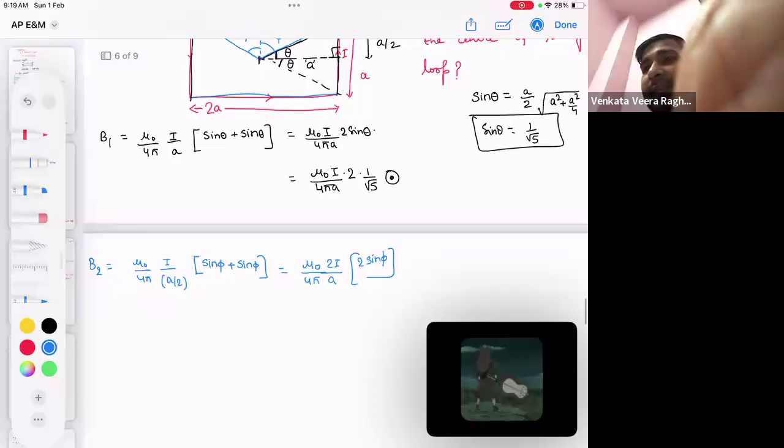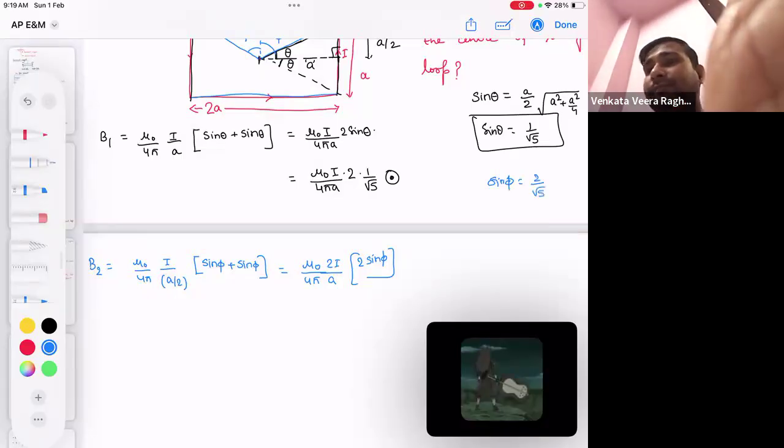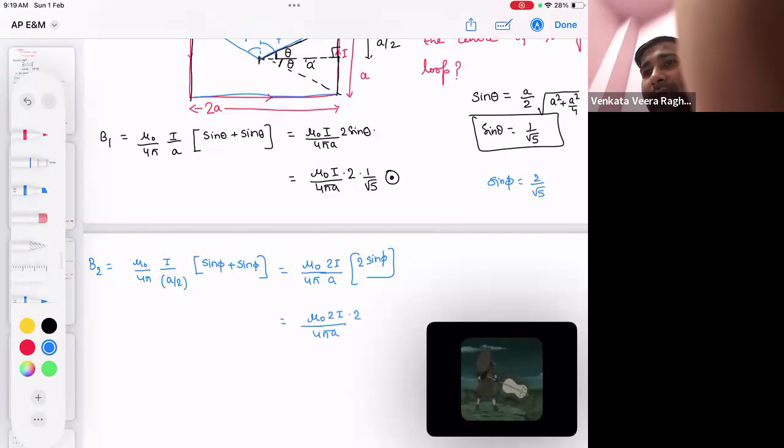So the sine phi value is 2 by root 5. Okay, so what value are we getting? Mu naught 2I by 4 pi a into 2, and sine phi is 2 by root 5. That direction is also out of the plane.